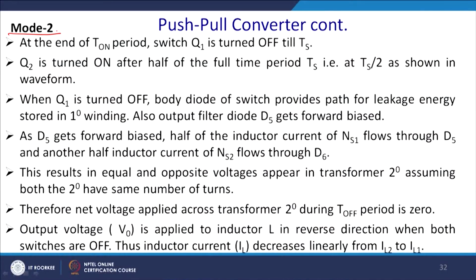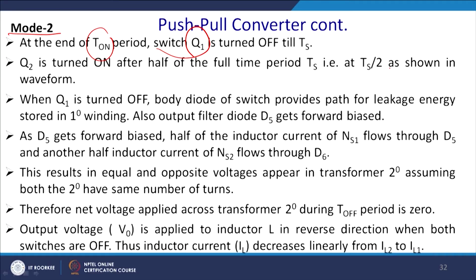This small pause has been neglected. At the end of the T1 period, Q1 is switched off. Q2 is turned on after half of the full time period Ts, that means at Ts by 2, as shown in the waveform.